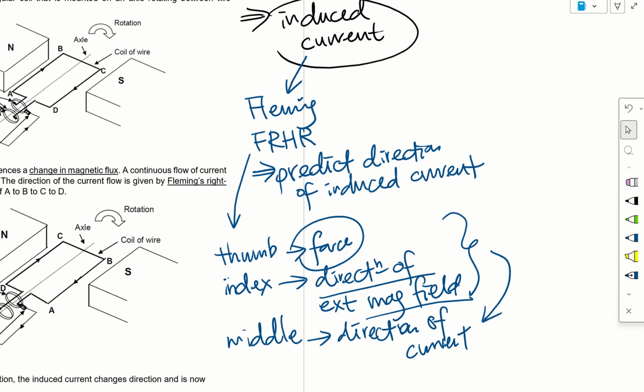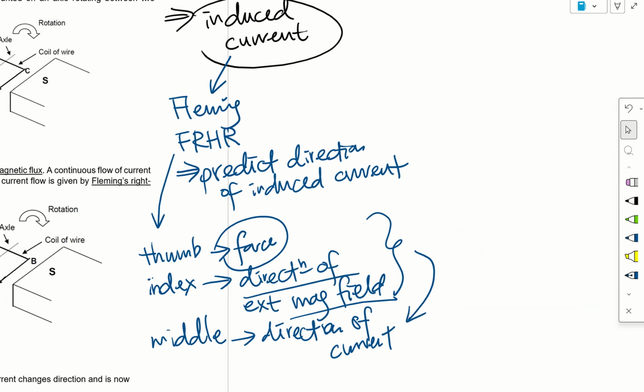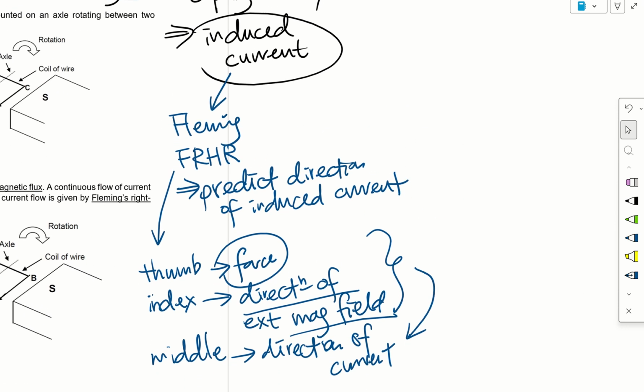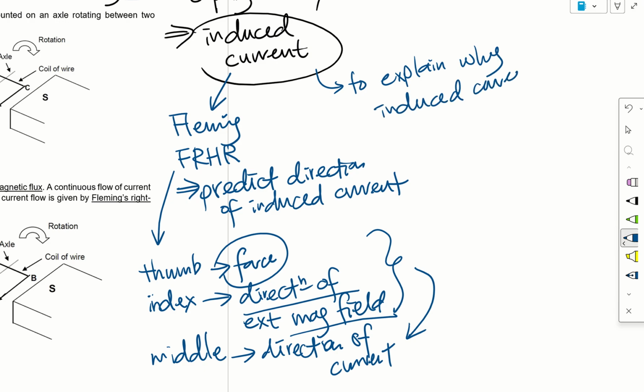So he can tell you the direction of the induced current, but he cannot explain why the induced current flows in a certain direction.